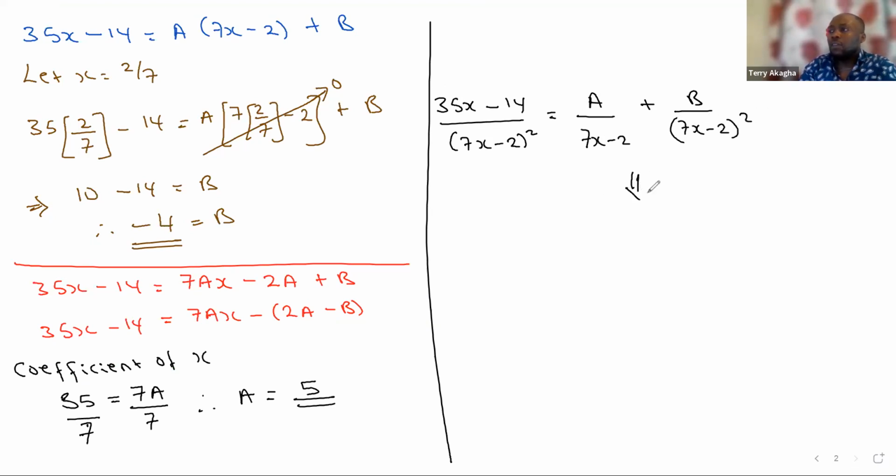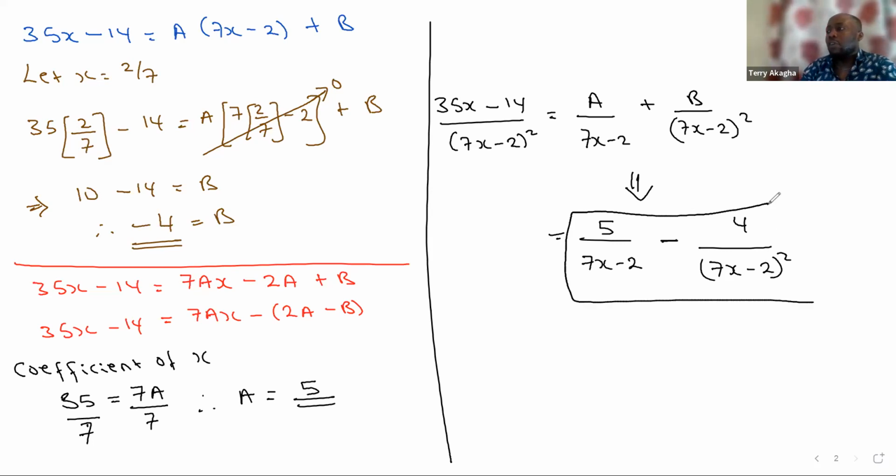So then, since I now know my a to be 5 over 7x minus 2 plus my b is minus 4 over 7x minus 2 all squared. Now, because this is minus times plus, it's going to make this minus now, okay? So if I want to remove the minus, then I have to make this minus. And this will be the answer for the partial fraction, okay? And that'll be that for that.